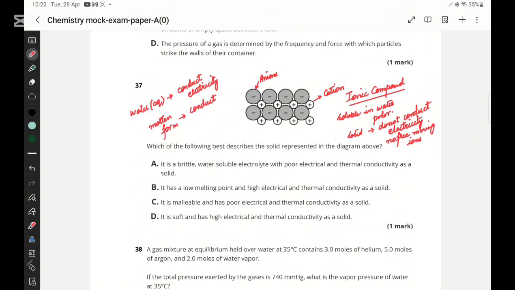Option A is going to be the right one because they are saying it is a brittle, water soluble electrolyte with poor thermal conductivity as a solid, because in the solid they don't have free moving ions. So that's why they don't conduct electricity in solid form. So option A is going to be the right one.